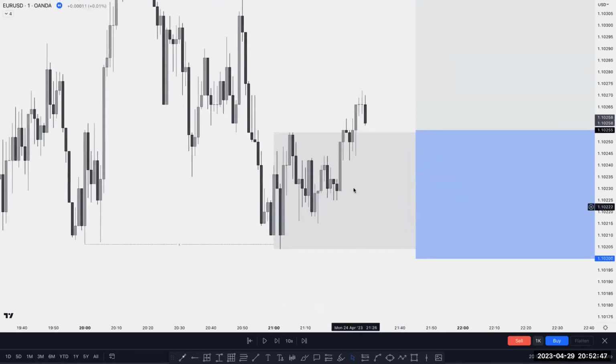This one, right? So where is our unmitigated zone where you can take entry for the buy? Okay. So the first PY is here. And the next one, the extreme, only 2 PY is here for the buy, right?